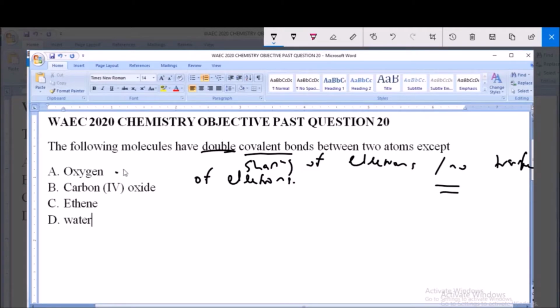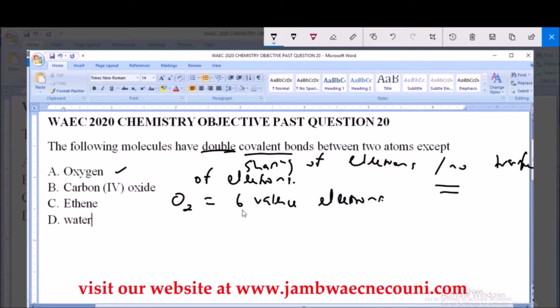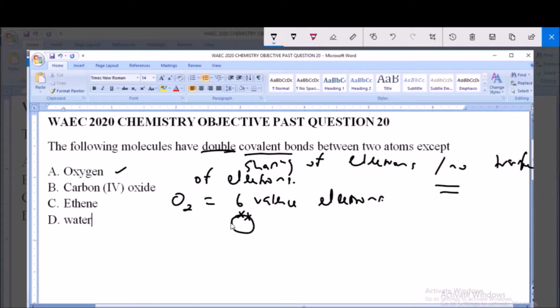Now, oxygen, an oxygen molecule, of course, is O2, that is made up of two atoms of oxygen. Now, each atom of oxygen has 6 valence electrons. So you have one like this with 1, 2, 3, 4, 5, 6.